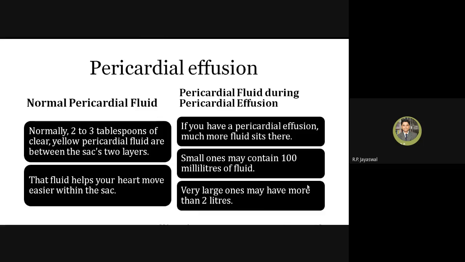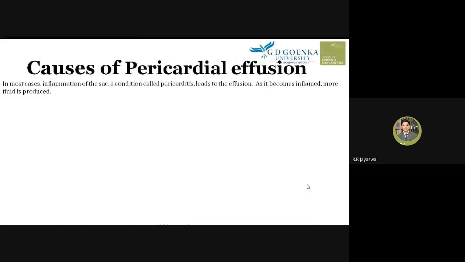The very large ones may have more than 2 liters. So in pericardial effusion, we can see accumulation of fluid from 100 ml to 2 liters within the pericardial cavity, and this condition is called pericardial effusion.